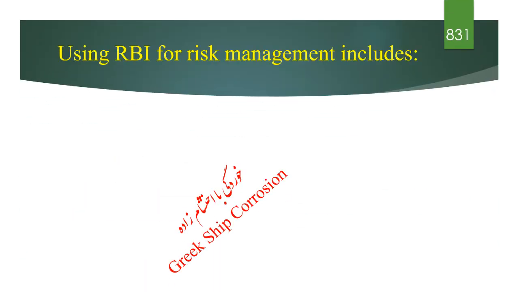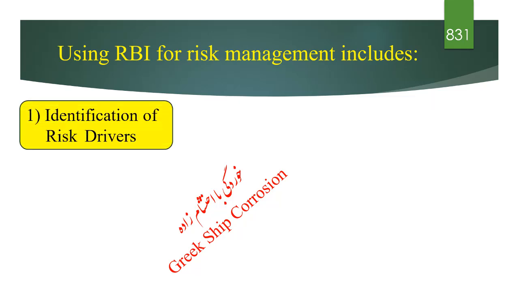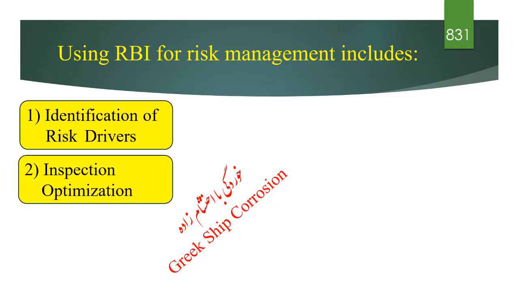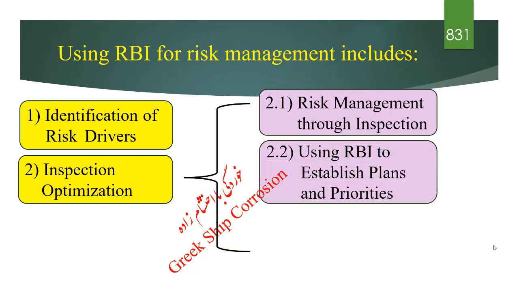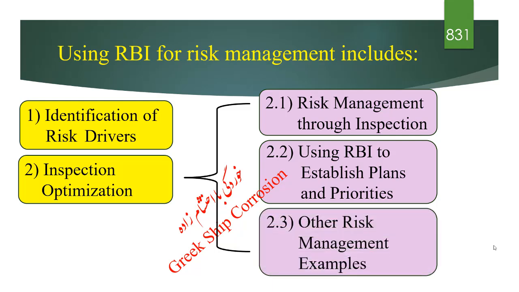Using RBI for risk management includes: 1. Identification of risk drivers. 2. Inspection optimization. Inspection optimization includes risk management through inspection, using RBI to establish plans and priorities. Other risk management examples.